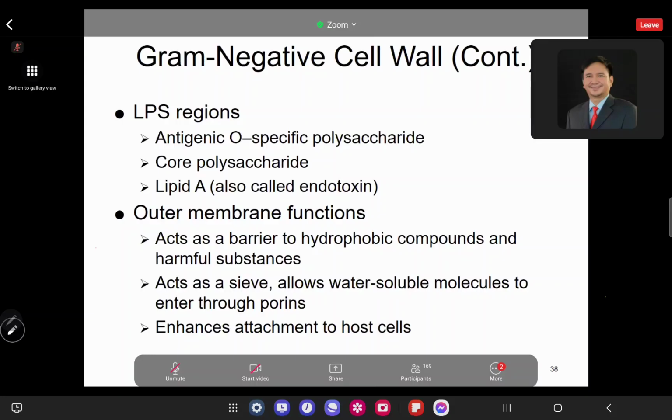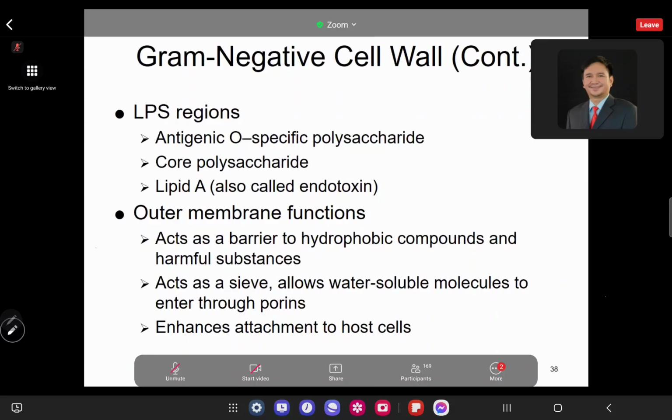Usually this is the somatic, it's in the body. And then you have your core polysaccharide, which provides structural stability to the lipopolysaccharide. And your lipid A, your endotoxin, which triggers strong immune responses and can cause endotoxin shock.